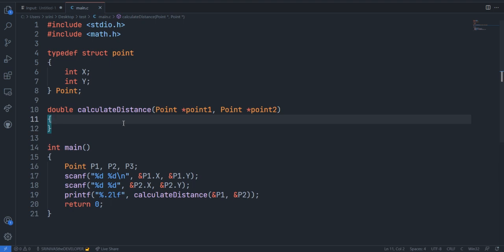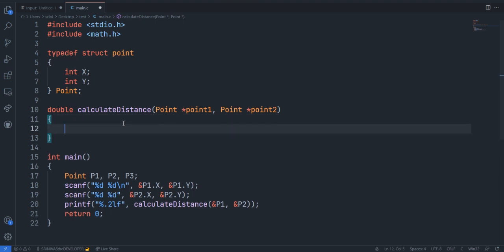Here, this is the calculateDistance, point 1 and point 2. They have passed as address values, so we can access those values with the arrow member operator.